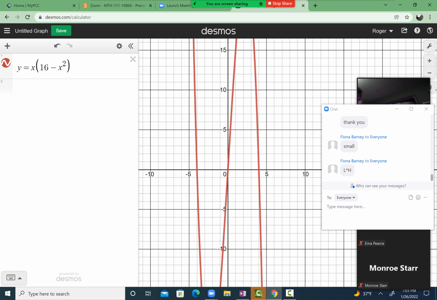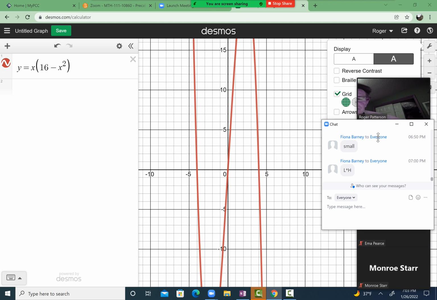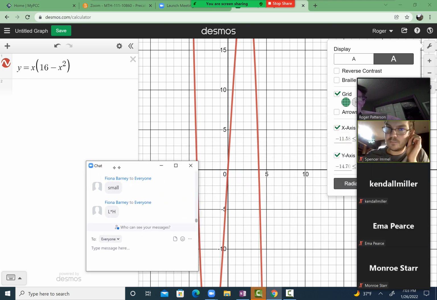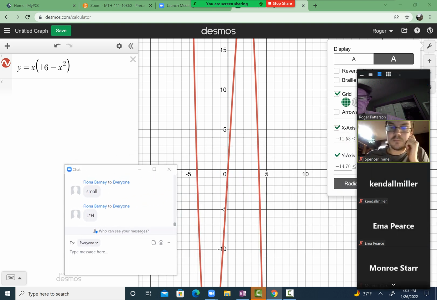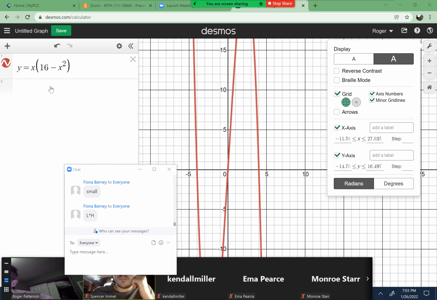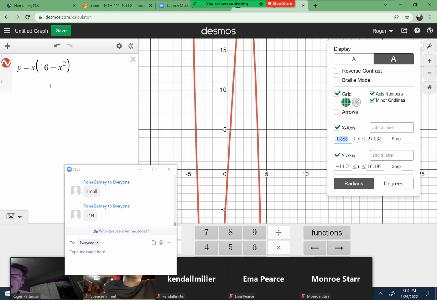I'm going to try to get a better window, so I'm going to use the settings on this thing. So now let's talk about this for a second. x represents the base, right?